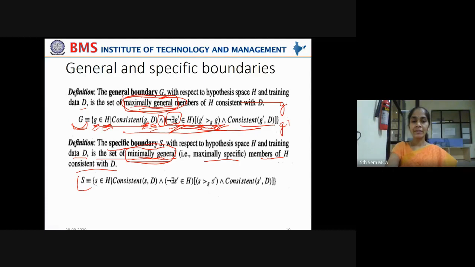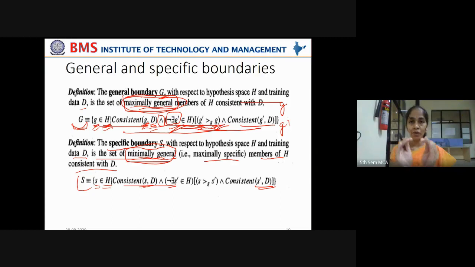It is the set of all specific hypotheses that belong to the hypothesis space H, given all these specific hypotheses are consistent with the training examples, and there should not exist any specific hypothesis S dash that belongs to H such that it is more specific than the existing specific hypothesis, such that S dash is consistent with D. Meaning there should not exist any specific hypothesis that is more specific than what is existing in this specific boundary set.